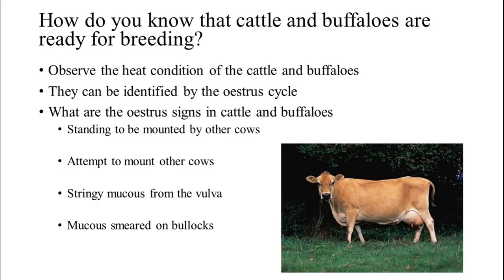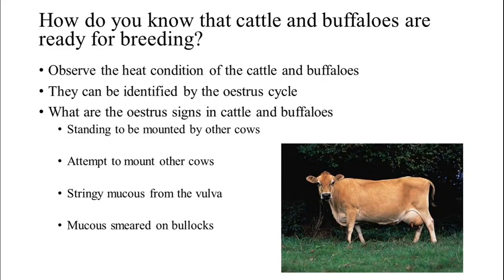By observing their estrus signs or estrus cycle, by observing their behavior, we can learn that the cattle and the buffaloes are ready for breeding. I will tell you some of the symptoms of cattle that are ready for breeding.